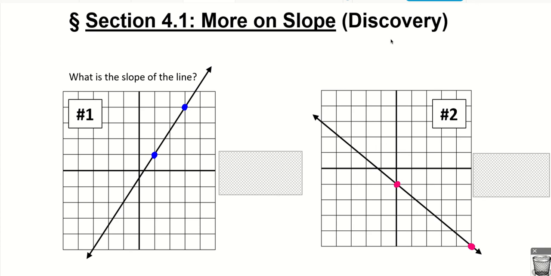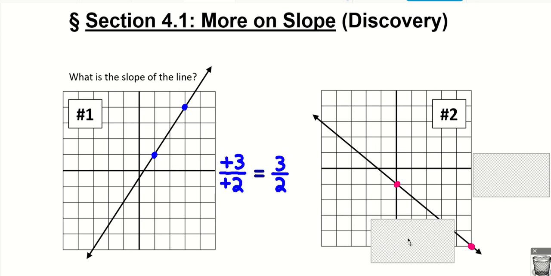Again, hopefully you've already attempted this and maybe tried to discover some things on your own here. But here we go. So what is the slope of this line? Hopefully you realized that this ended up being positive 3/2. Okay, positive 3/2.